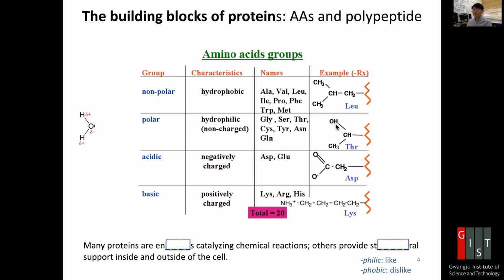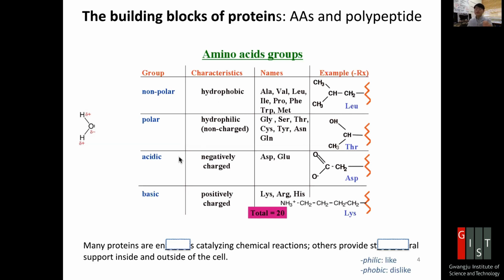You see this OH. This oxygen has a polarity, which would like to interact with water. While for another non-polar molecule, such as leucine, this is all carbon and hydrogen, and these are not polar, so water would not like to interact with this. So this is hydrophobic. This part of the residue inside the water may hide inside the structure rather than coming out to directly interact with the water molecule.